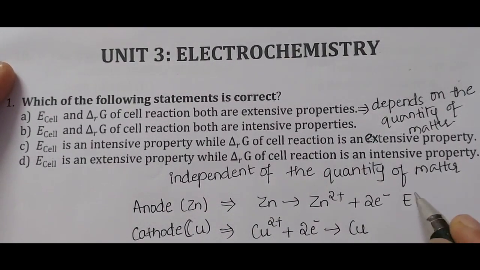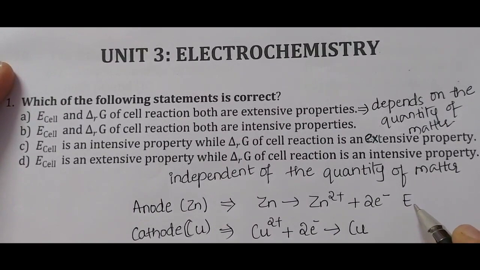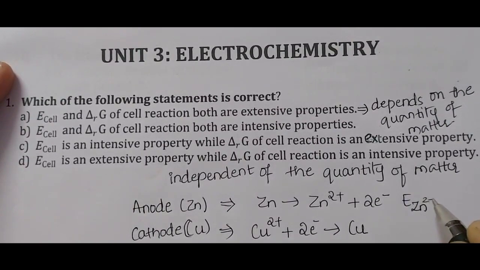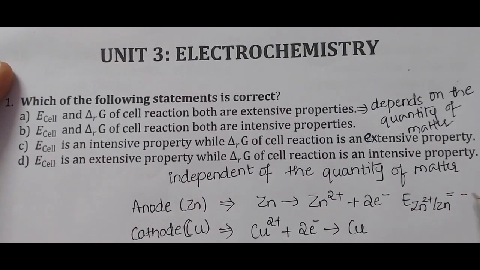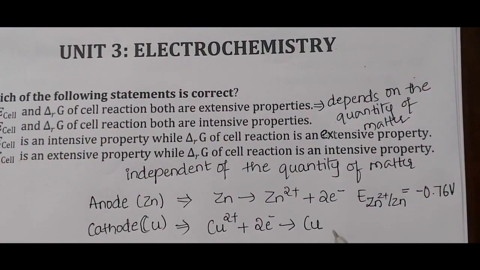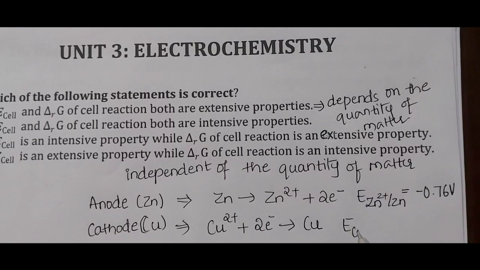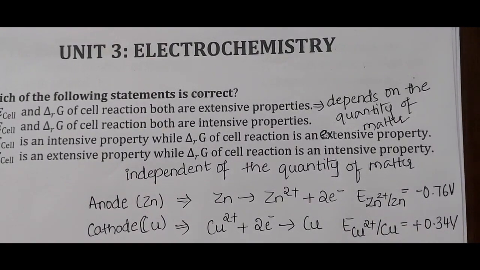According to the electrochemical series, the reduction potential of zinc is minus 0.76 volt, and the electrode potential of copper, that is the reduction potential of copper, is 0.34 volt.